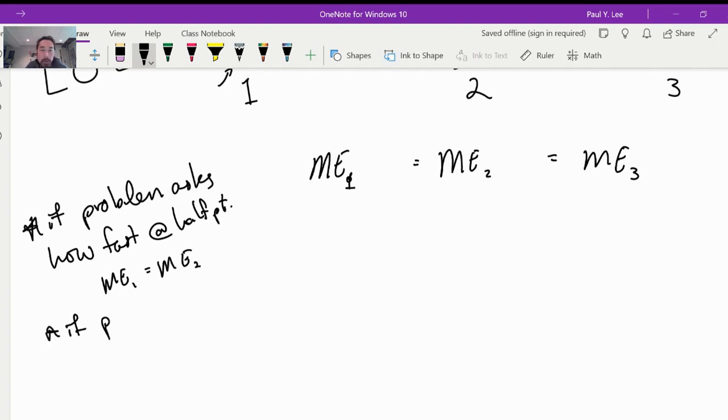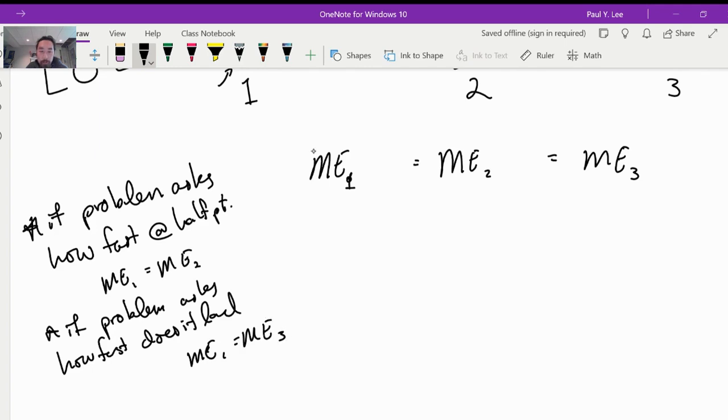But let's say the problem asks how fast does it land. We don't even care about the middle part. We just care about the initial part and the final part. ME1 is equal to ME3.